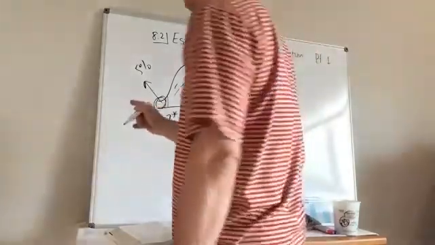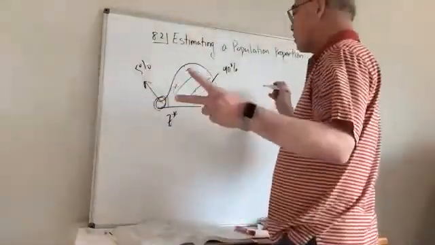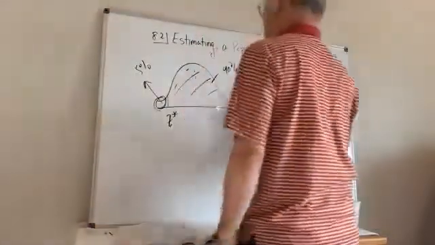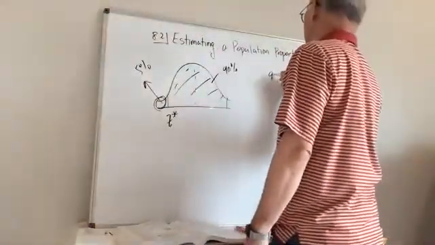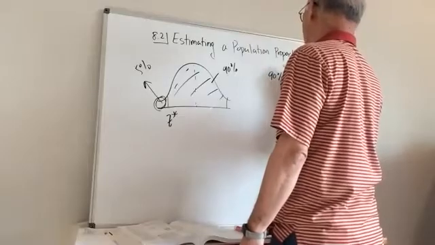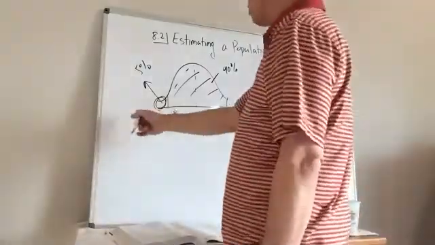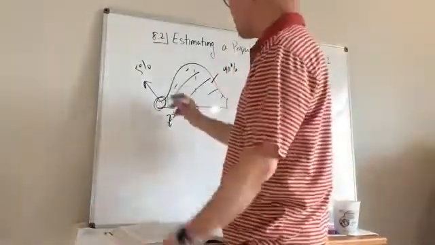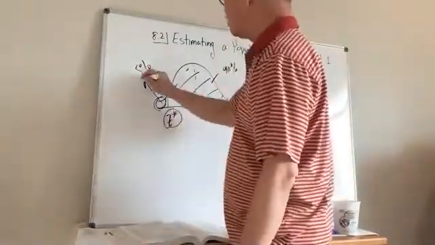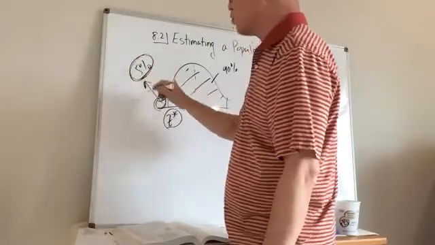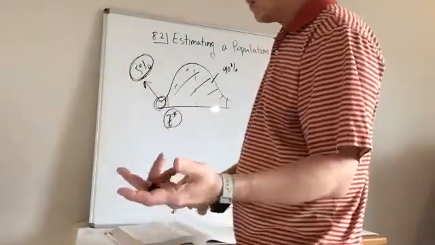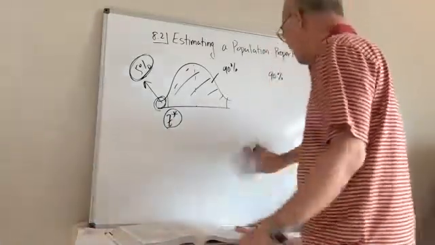I can look that up in two ways. Mackenzie, give me one. Norm CDF? I can't do norm CDF because I'm trying to find this value and I know the area. So it's the inverse norm.